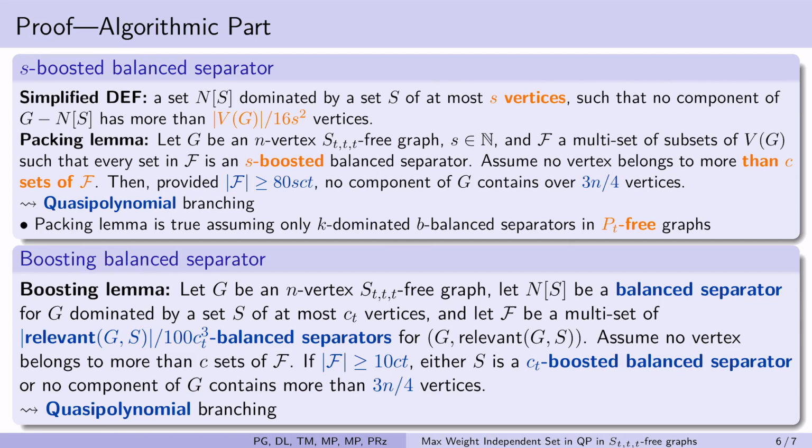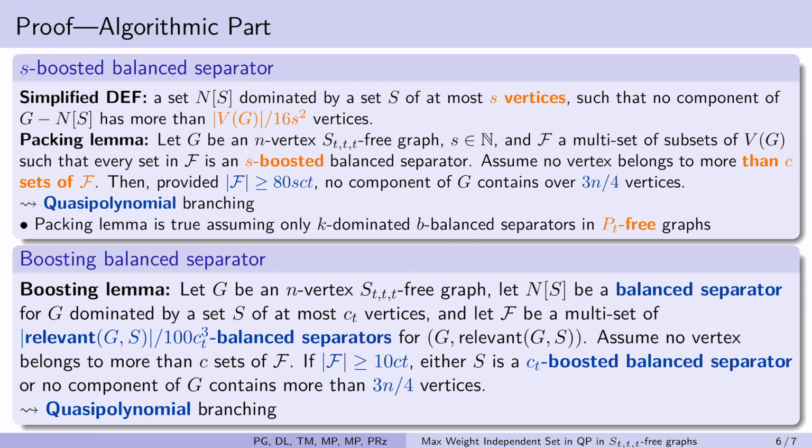So this is another quasi-polynomial branching that we have, and actually our algorithm is a composition of all those quasi-polynomial branchings. But what's nice about quasi-polynomial time is that we can compose it nicely, and that's the very high-level idea of how our algorithm works.